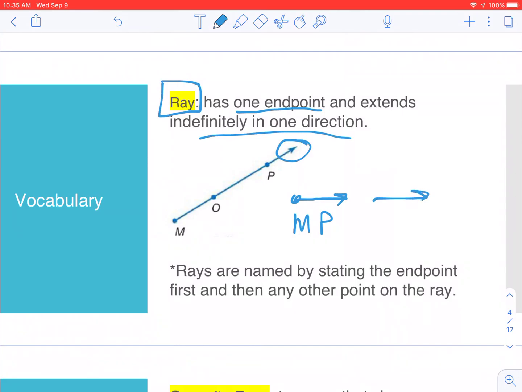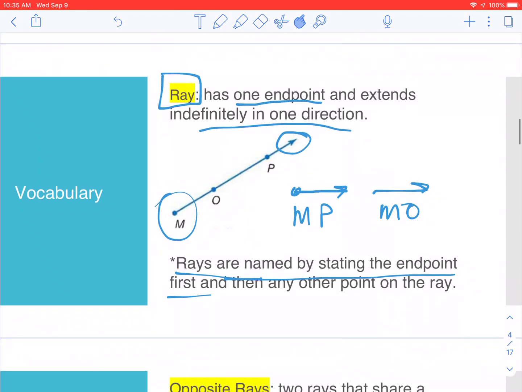We could also call it ray MO. You always have to start with the point that's the origin. Okay, so rays are named by stating the endpoint first, and then the other point on the ray. So ray MP or ray MO.